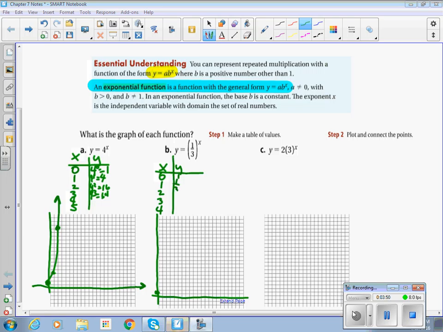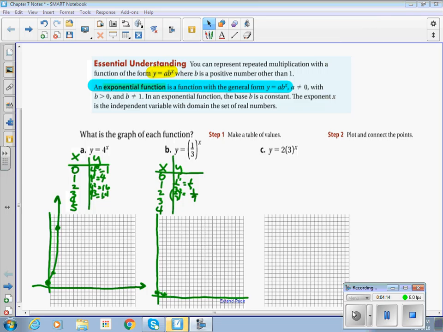One third to the 1 is 1/3. 1/3 squared is 1/9. So I got over 1 up 1/3. Over 2, 1/9. Oh, we're getting way low.